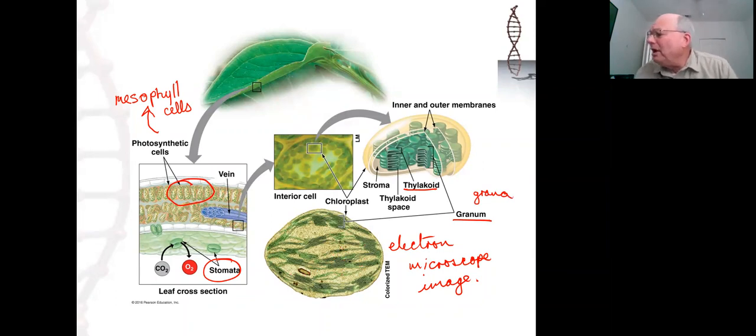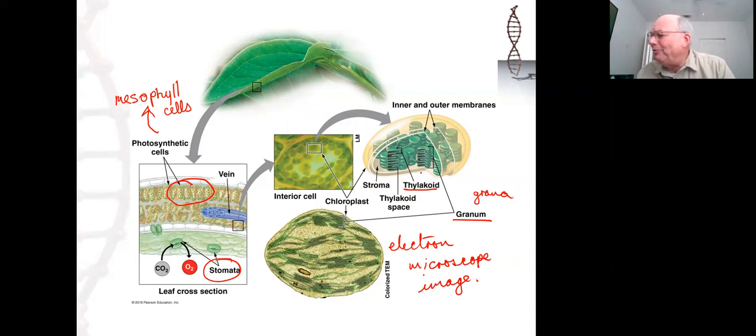Now, when you look at a thylakoid disc, and it's a little bit difficult to see here, but if you look in some places, you can see that it's very true that these little discs of membrane have a space inside them, which is labeled here the thylakoid space. We actually sometimes refer to it as the thylakoid lumen, but lumen is simply a fancy term for space surrounded by a membrane.